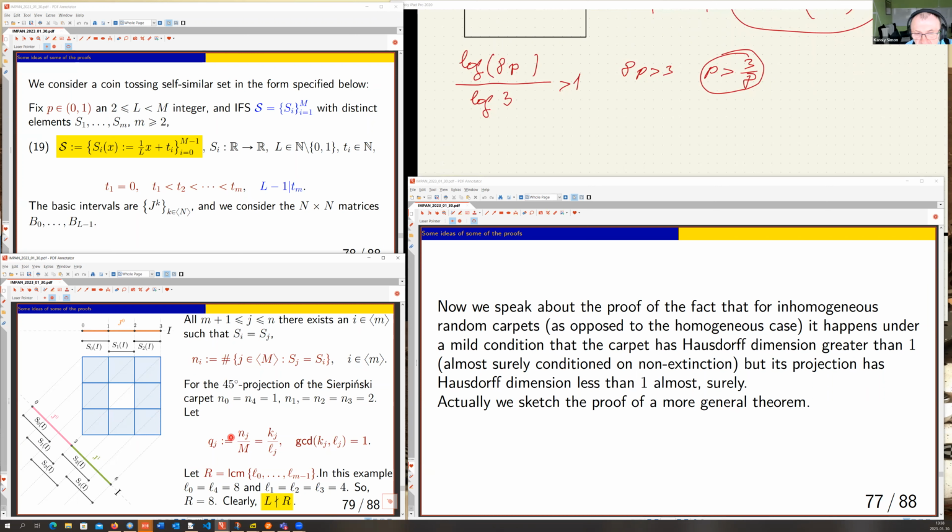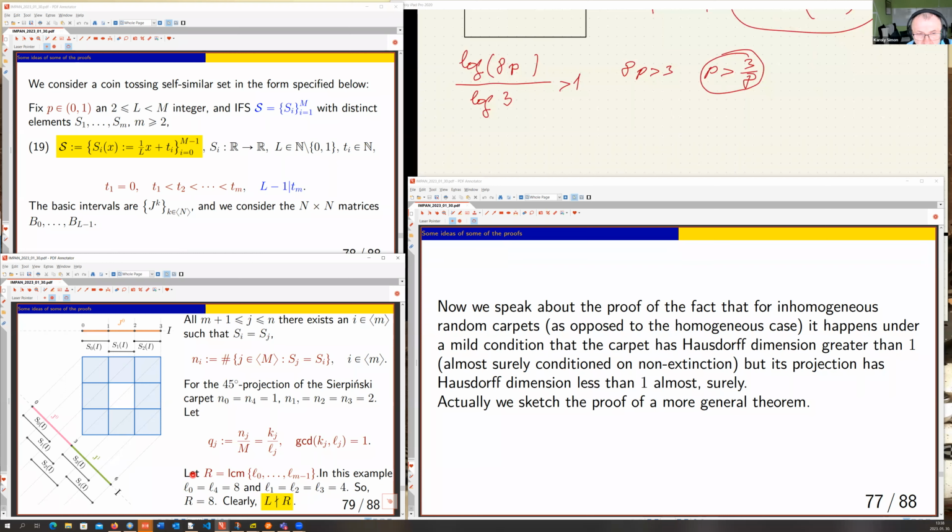So you take this ratio and you simplify it such that the numerator and denominator have the greatest common divisor equal to 1. Then you get what is Lj. In our case, these ratios are either 1/8 or 2/8. So the least common multiple of these numbers, which are each either 4 or 8, is equal to 8.